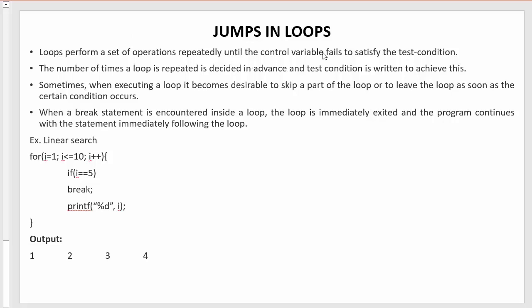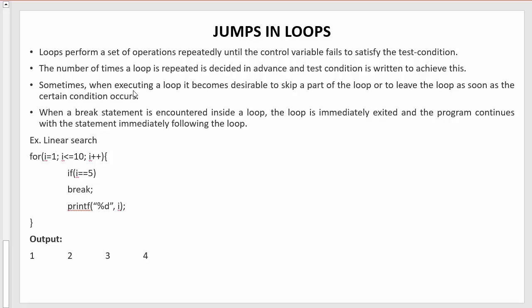So until and unless the test condition fails, a specific set of operations gets performed again and again. That is why we use loops. The number of times a loop is repeated is decided in advance, and the test condition is written to achieve this. So how many times the code under the for loop needs to be executed will be decided based on the condition given in the for loop in advance.